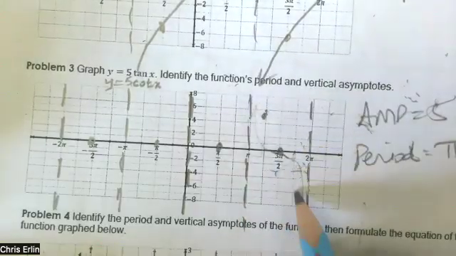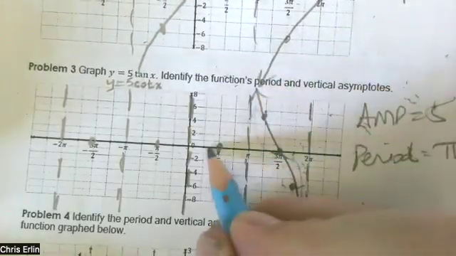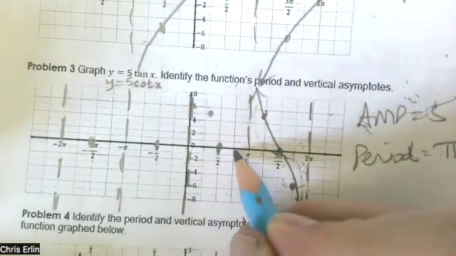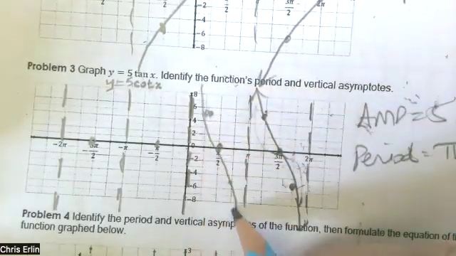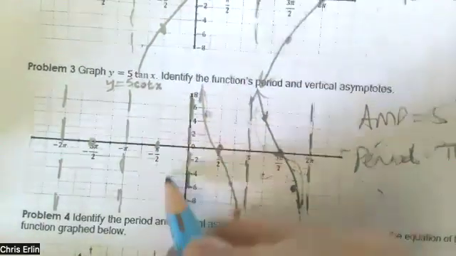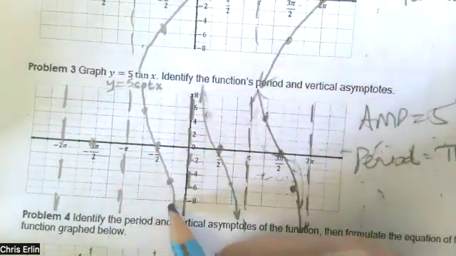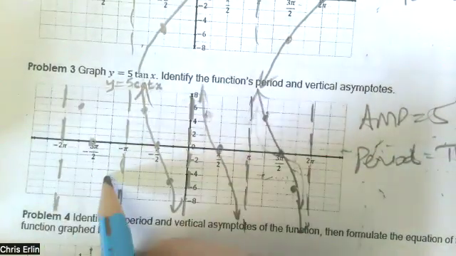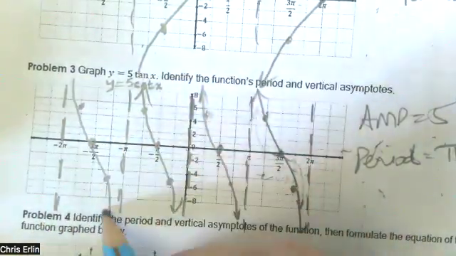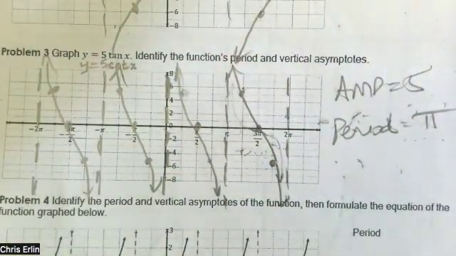So 5 is up there, but I still just have to make sure that I'm giving myself a negative slope for cotangent. What do you think? Easy peasy, lemon squeezy?